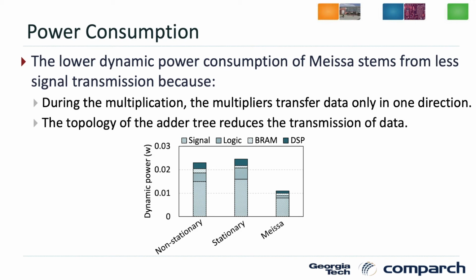First, during the matrix multiplication steps, the multipliers transfer data only in one direction. In fact, the connections in the other dimension are used only for loading the stationary operand. And second, the topology of the adder tree reduces the transmission of data across the processing elements.